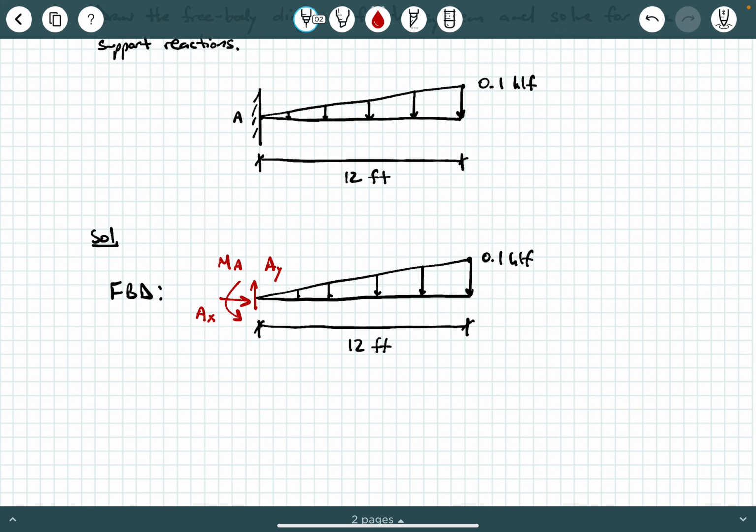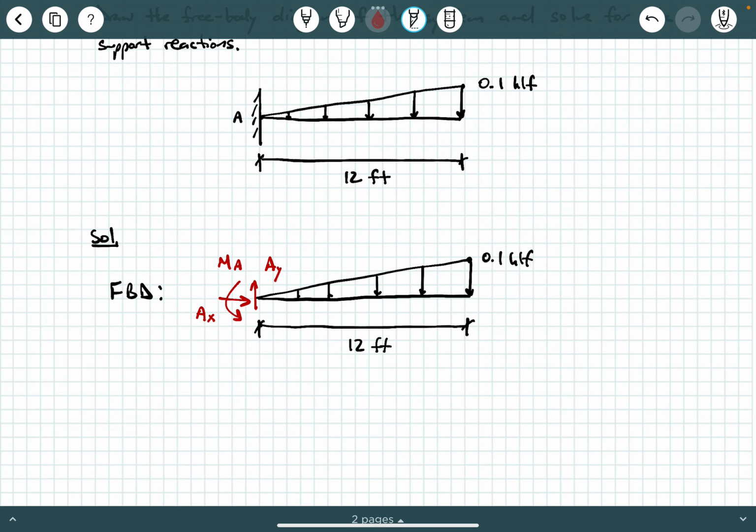So we have that fixed connection preventing horizontal movement, vertical movement, and rotational movement. And remember, whenever a support is preventing movement, then it's going to develop some type of reaction.